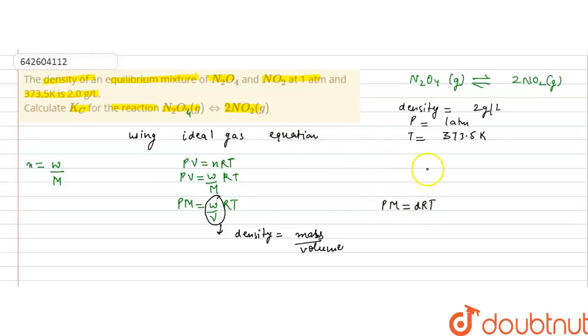Now we have pressure, density, gas constant and temperature values known, so we can calculate the molecular mass.